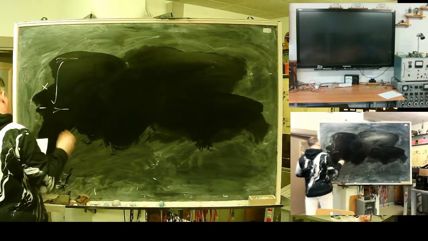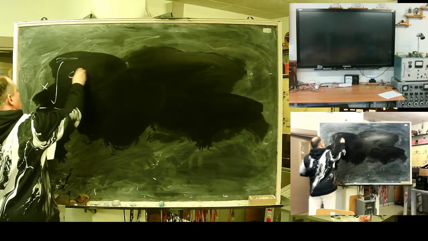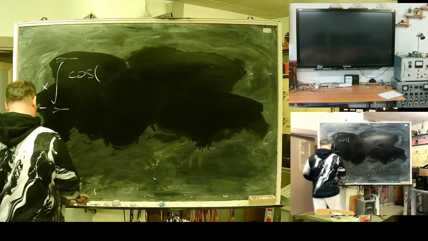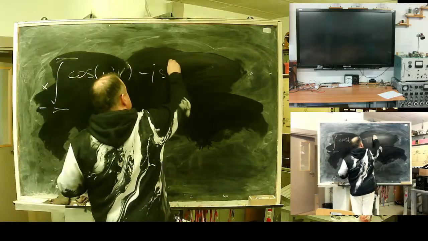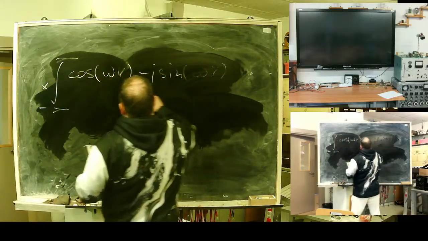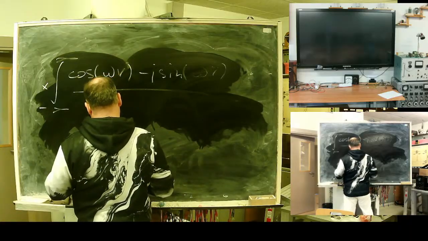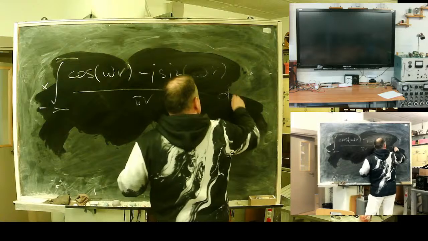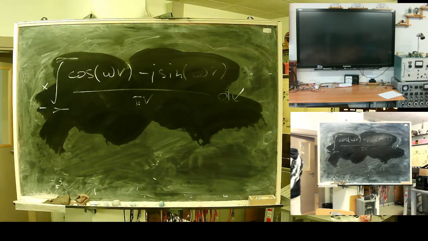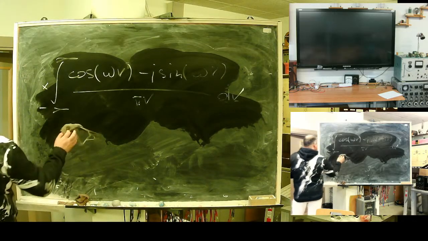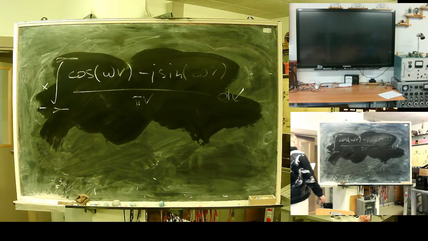the integral from minus infinity to infinity of cosine omega v minus j sine omega v, divided by v, dv. This integral, which I left on the first page, can be equal to the square root of minus 1, j at negative frequency, or minus j in the case of positive frequency.